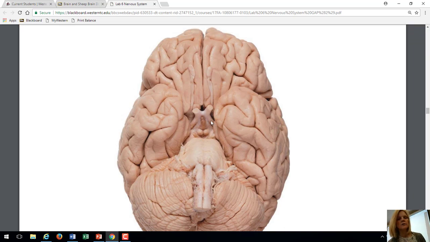So behind this, where it comes over this crossing point here, this is the optic tract. So now it's part of the brain. It's in the central nervous system. So again, we change its name. It's still a bundle of axons carrying that light information to the brain, but we call it the optic tract. So the same thing on this side.